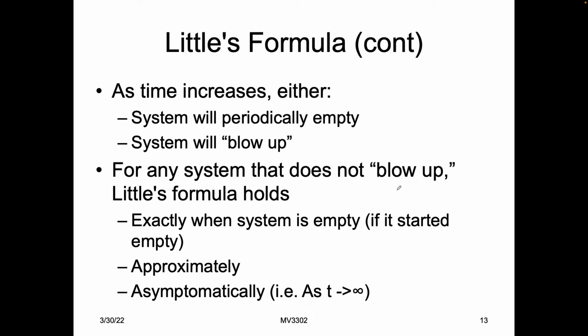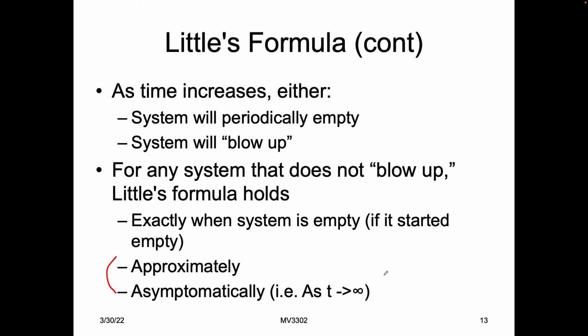If your system doesn't blow up, then Little's formula, remember, holds exactly when the system is empty, but it also holds approximately, asymptotically, as t gets larger. As you run your model longer and longer, it holds approximately.